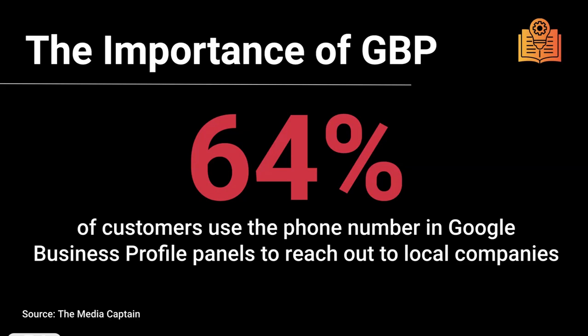So now I want to dive into some of the stats that really help to drive that importance of the Google business profile in today's society. From our research, we have found that 64% of customers use the phone number feature in Google business profile panels to reach out to local companies. I know from my past experience, I have used this feature a lot in my time. You want to be able to provide that quick, centralized piece of information from your profile that is correct, where people can reach out to you if they have an urgent need.